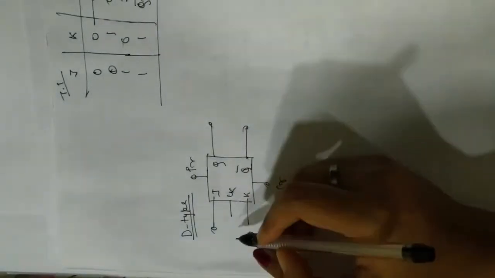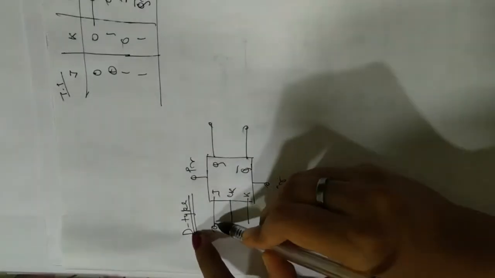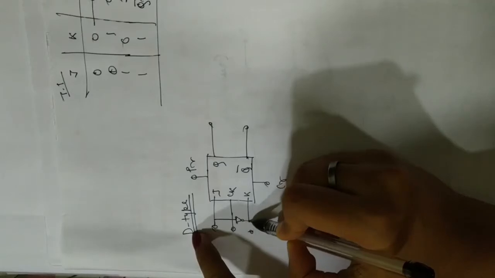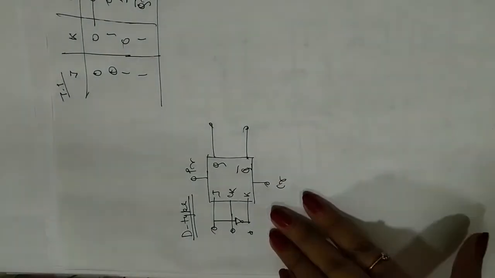Okay, so like I said just now, in D-type flip-flop we connect the J and K terminals via a NOT gate. Okay, this is a D-type flip-flop, right?